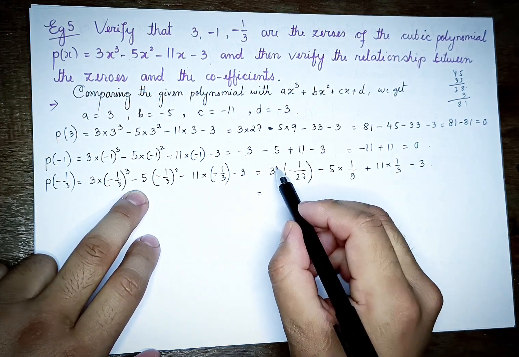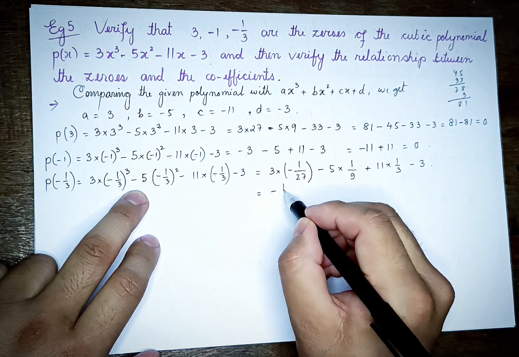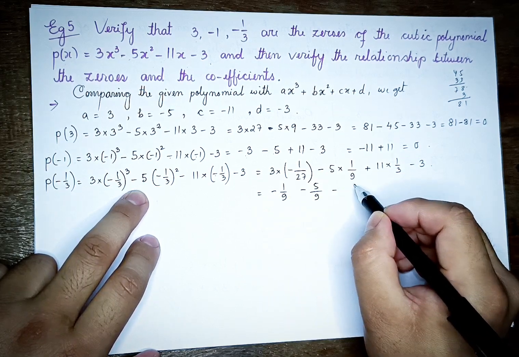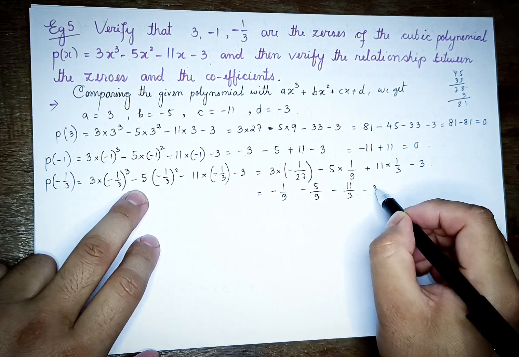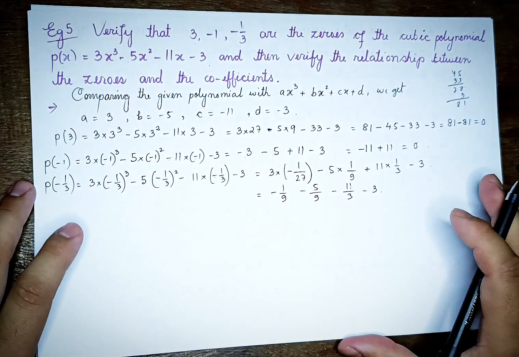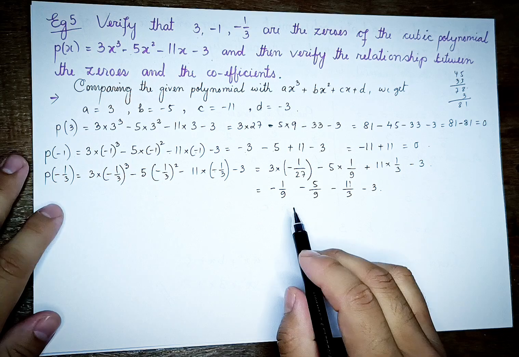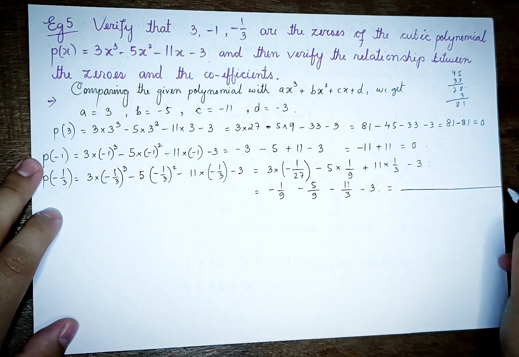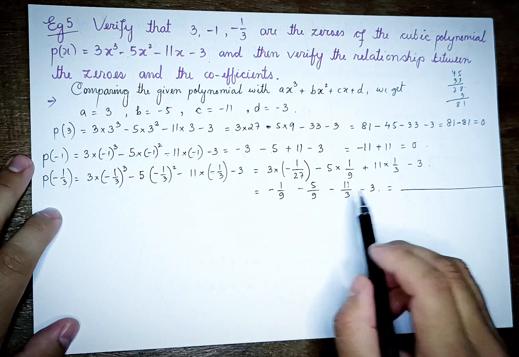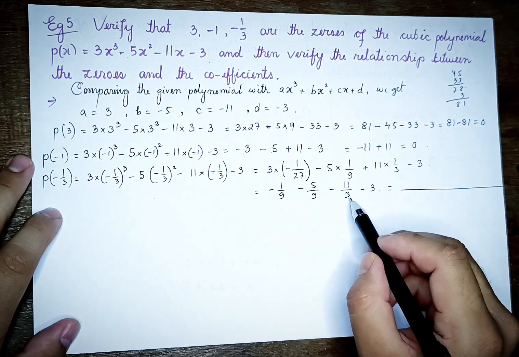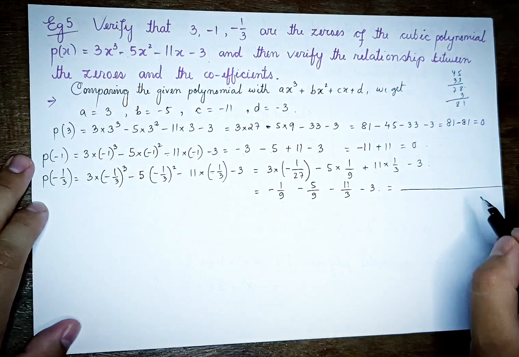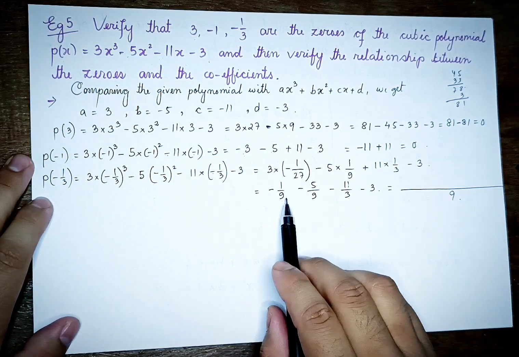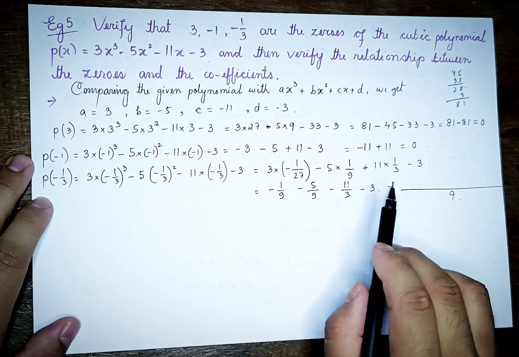Here dividing by 3, 9 threes are 27, we get 1 by 9 minus 5 by 9 minus 11 by 3 minus 3. Taking out the LCM of 9 and 3: if the smaller one can divide the larger one, then automatically the LCM will be 9. 9 divides 9, we get 1.